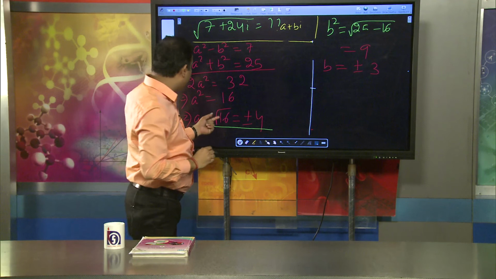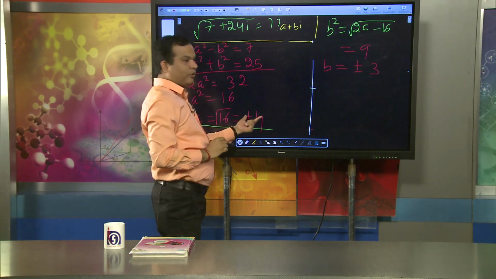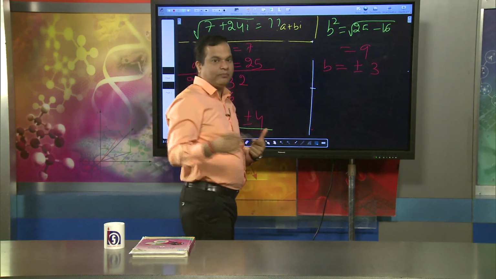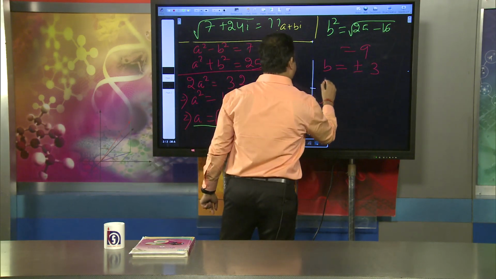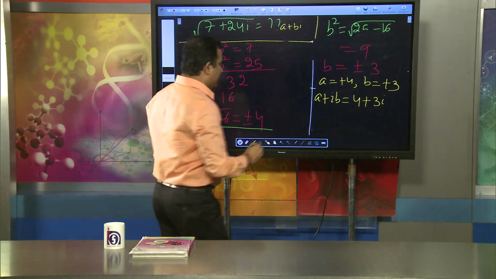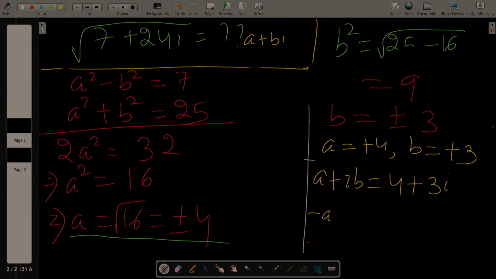So a equals the positive part and b equals the positive part. Suppose a equals plus 4 and b equals plus 3, then a plus ib equals 4 plus 3i. And minus a minus bi equals minus 4 minus 3i.